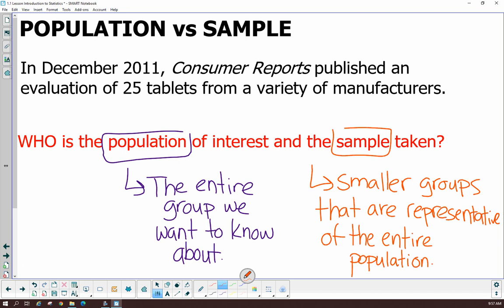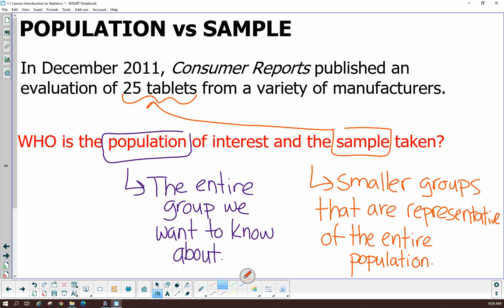So in this example, we have an evaluation of 25 tablets from a variety of manufacturers, and that 25 tablets would be a sample.